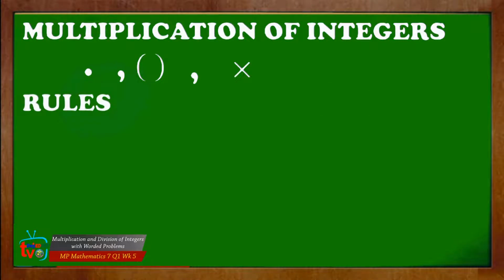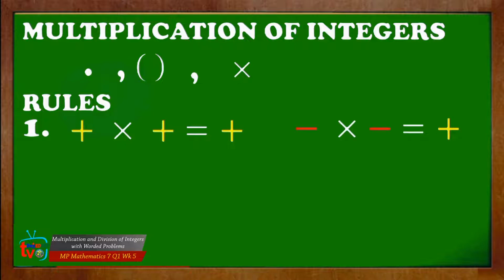What are the rules in multiplying integers? Number 1. The product of two integers with the same sign is positive, meaning positive times positive equals positive, or negative times negative is positive. Number 2.